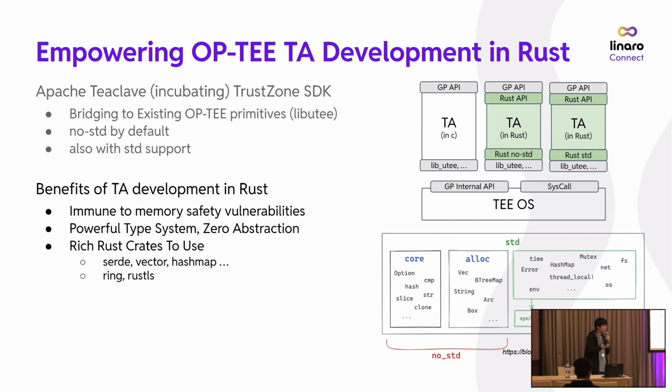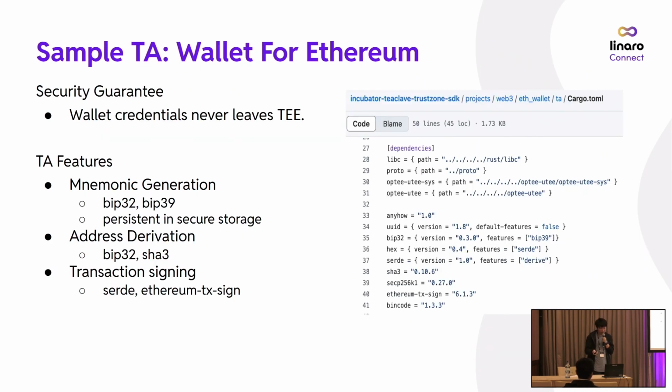And also, they have vectors and hash maps. Also, in the Rust community we have ring, which acts as a crypto crate, and we also have TLS available. In addition to providing the SDK, we also write sample TAs to demonstrate how efficiently we can use the SDK to solve real-world problems.